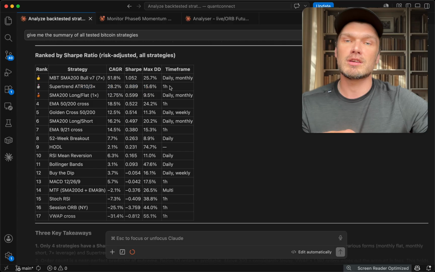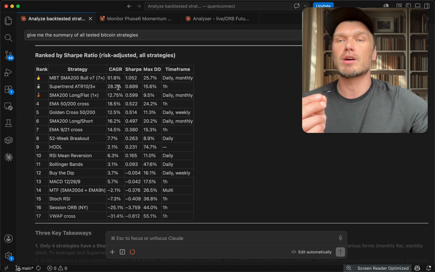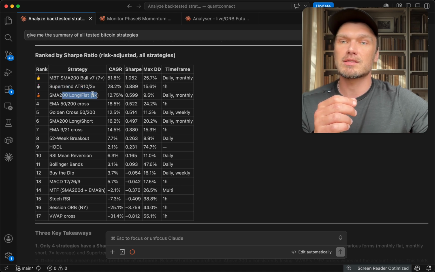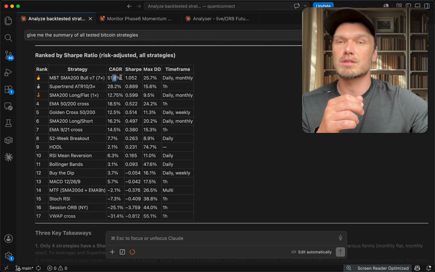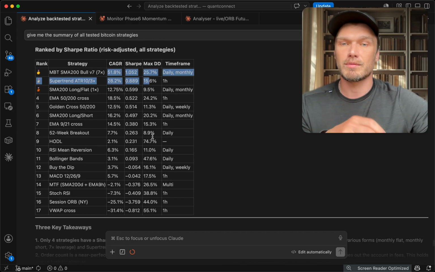Then this strategy is on the 1 hour time frame, so there are going to be more trades like that, and that's going to be the second best definitely. This is identical to this one, so we're not going to discuss this one, and all the others I see no reason to discuss because those are definitely the two best possible strategies to trade Bitcoin.